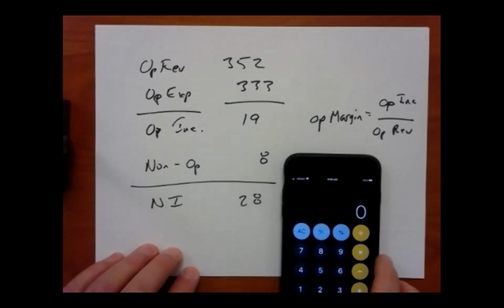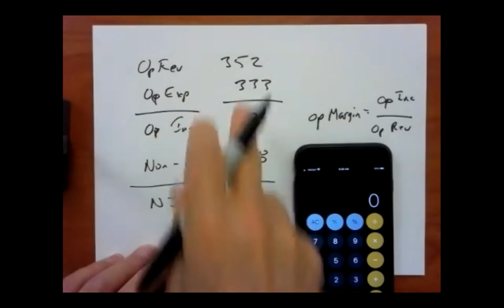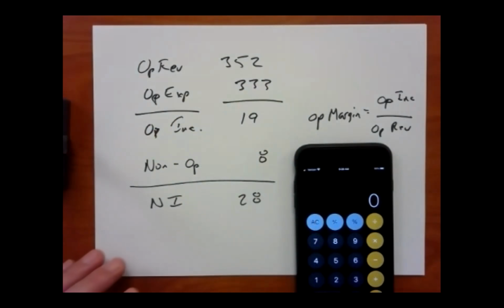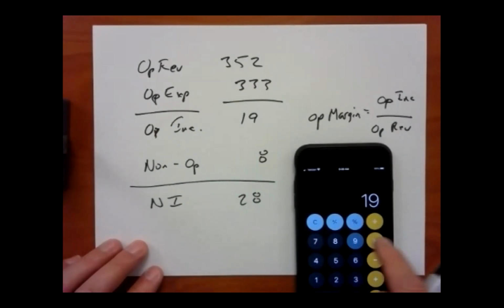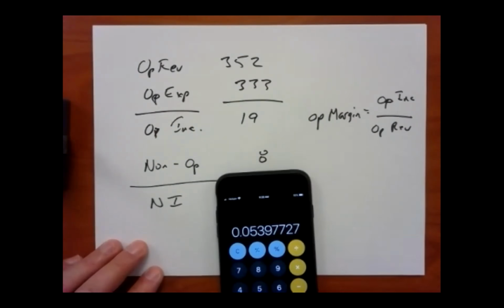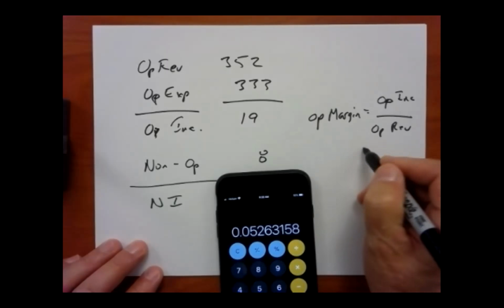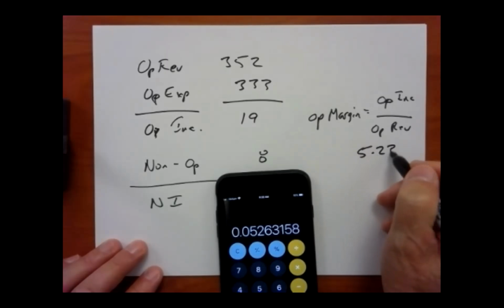Bear with me, I know these are not the precise numbers, and you do want to use the actual precise numbers, but operating income of 19 divided by 352 gives us 5.23%.